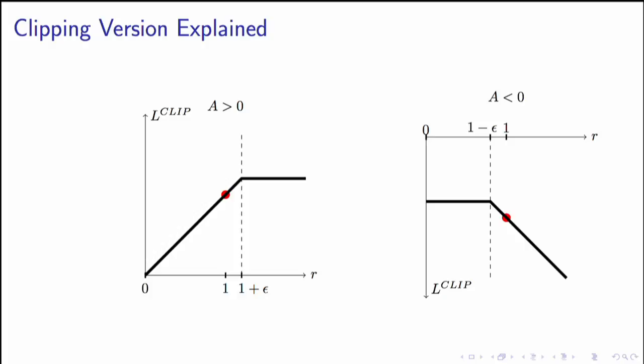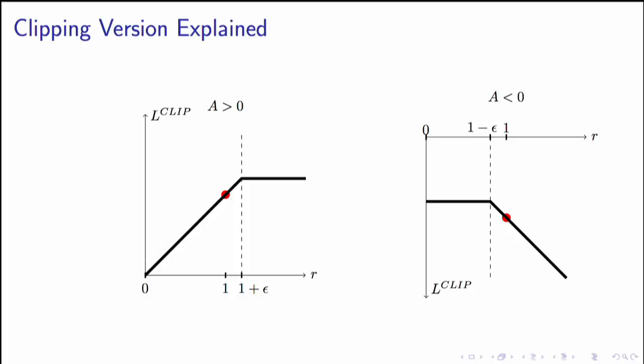Right around the starting point, the objective is nice and linear. But if the importance ratio goes past 1 plus epsilon, we flatten it out. That says there's no incentive for increasing the probability past 1 plus epsilon.